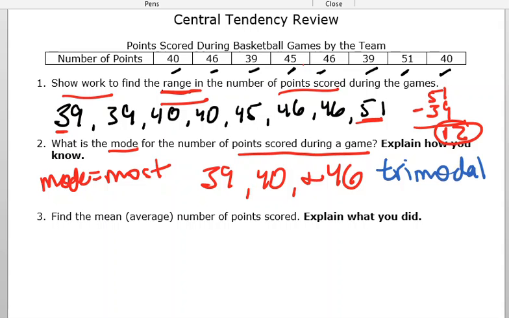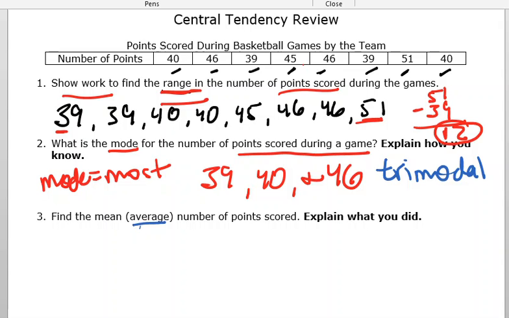All right, and now I need to find the mean or the average. Okay, so what I'm going to do is add up all of my data points and then divide it by the number of data points. So in this case, I'm going to go 39 plus 39 plus 40 plus 40 plus 45 plus 46 plus 46 plus 51.